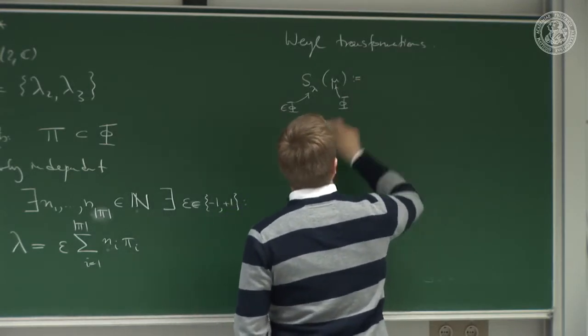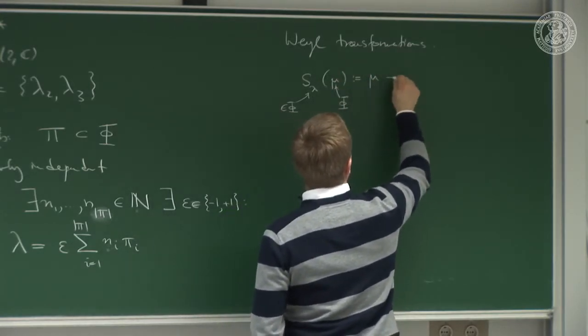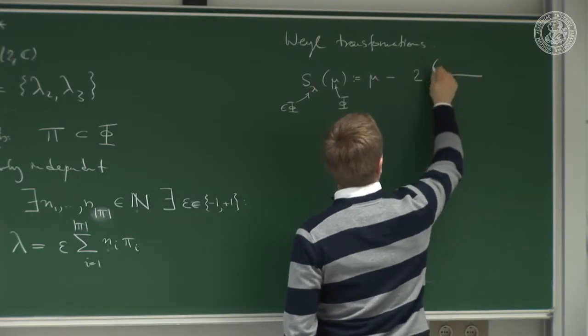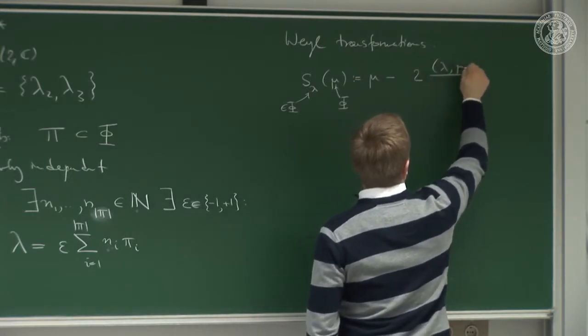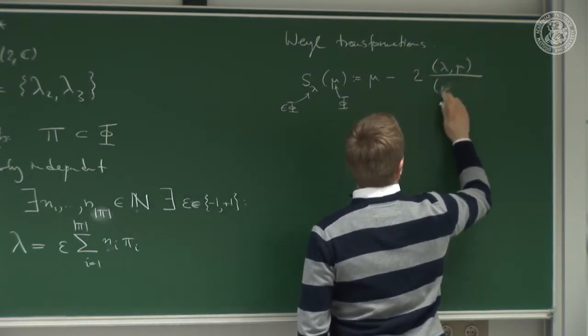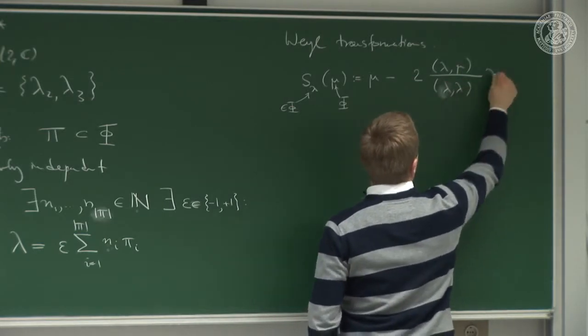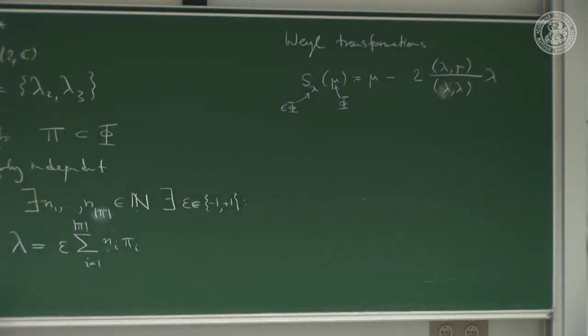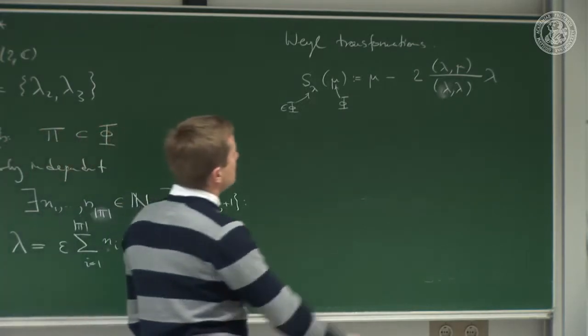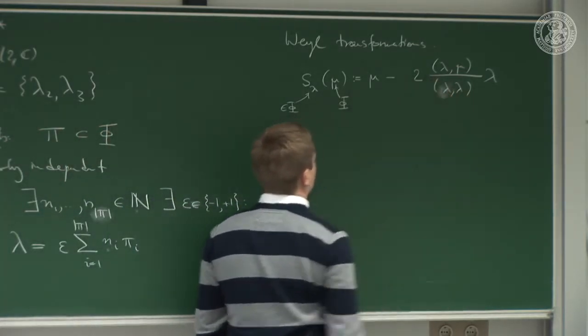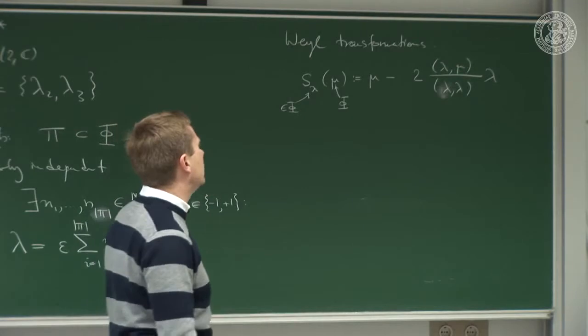And this was linear in mu, so this was mu minus 2 times lambda comma mu by lambda lambda times lambda. So this is decidedly linear in mu, but it's also decidedly nonlinear in lambda. This is the Weil group.